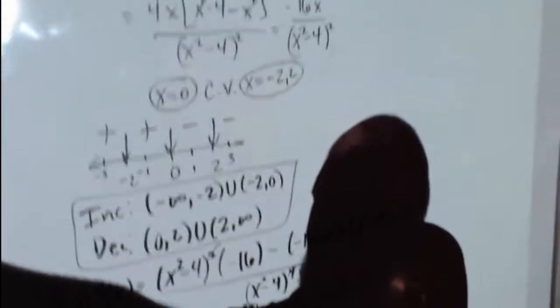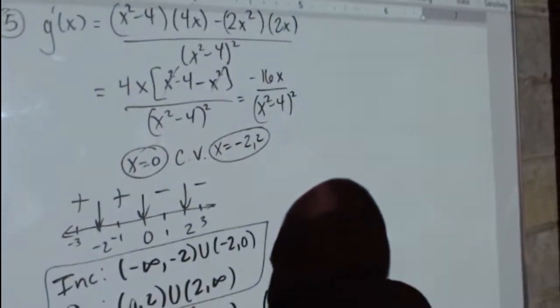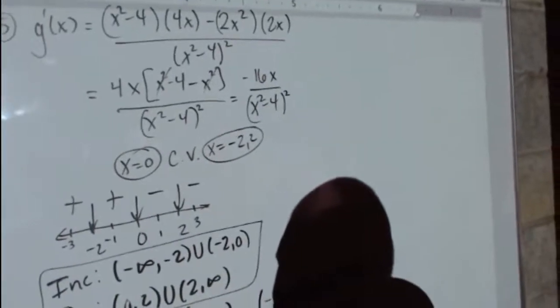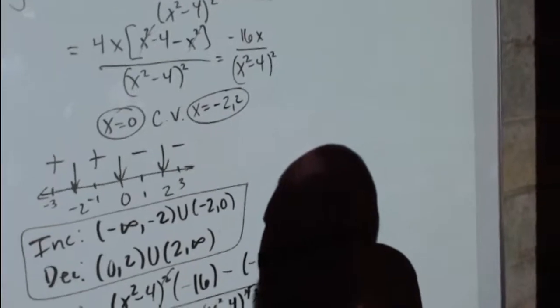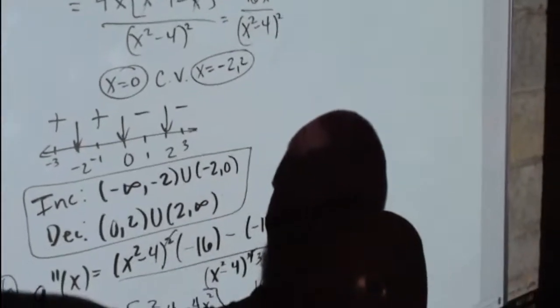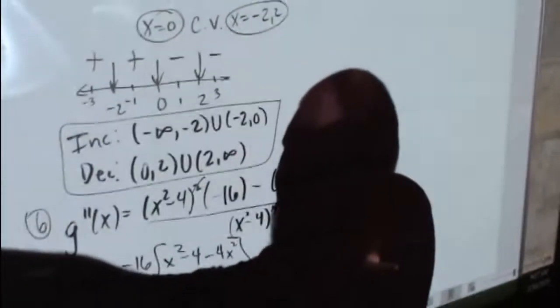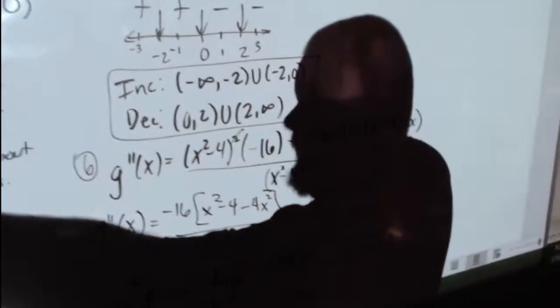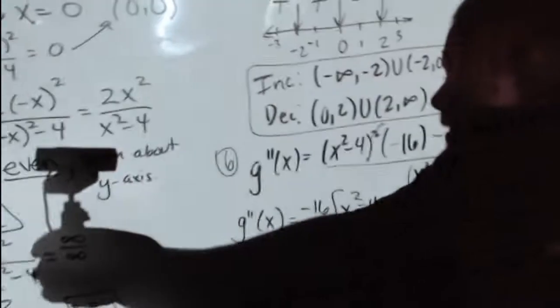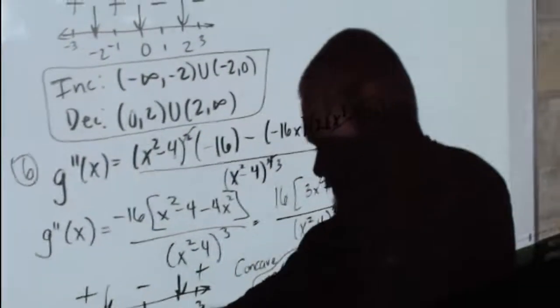Then we came over here, and step 5 was to take the first derivative. So we had to do quotient rule, solve that. We still got our negative 2 and 2, and then we got 0. Did our number line, found our increasing and decreasing. And then finally, see if I can get out of the way here.